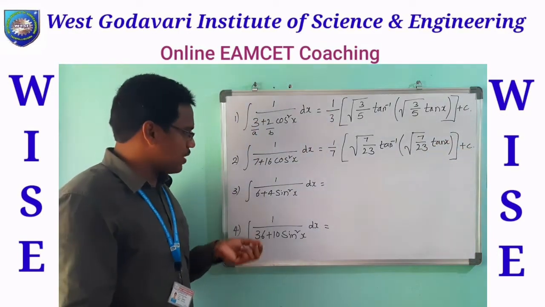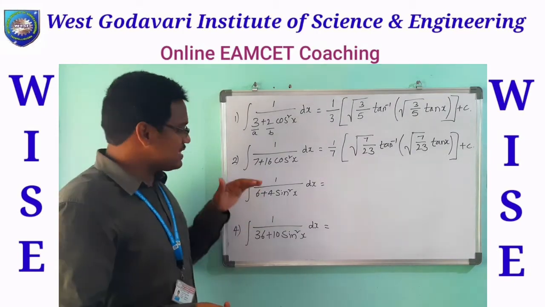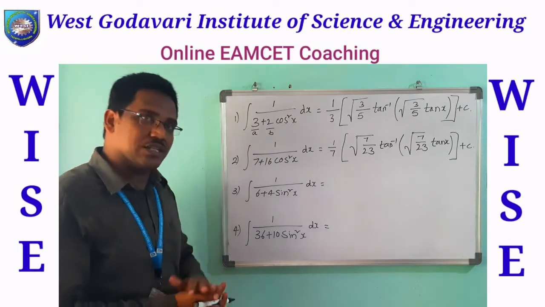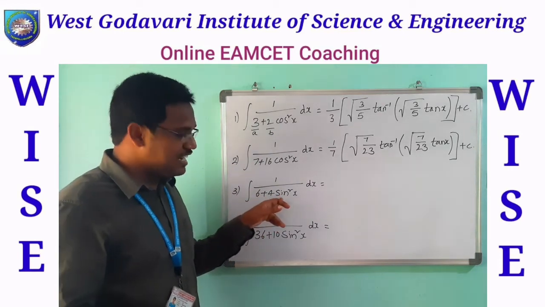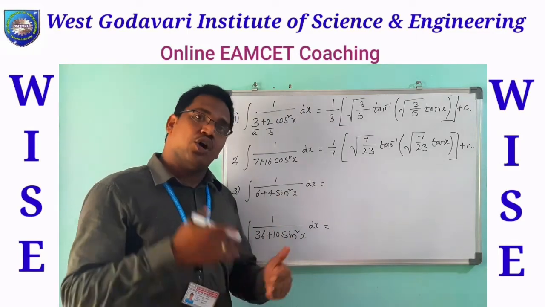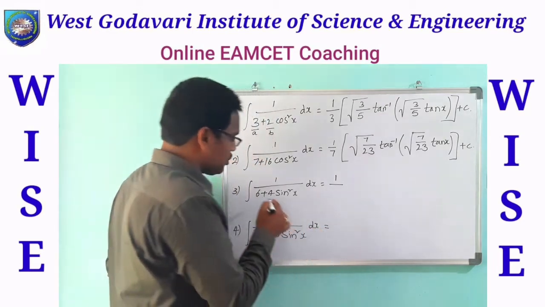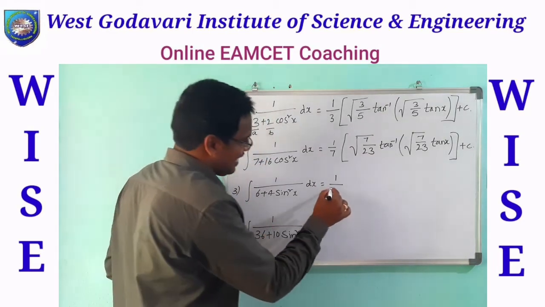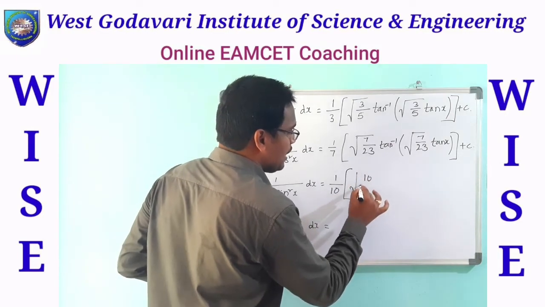Now see another question. So integration 1 by 6 plus 4 sin square x dx. This is different from the above questions because it is sin x. Whenever sin x comes into the integration, then the result becomes total by constant. So 1 by total, here the total is 6 plus 4, that is 10, of square root of total by constant.